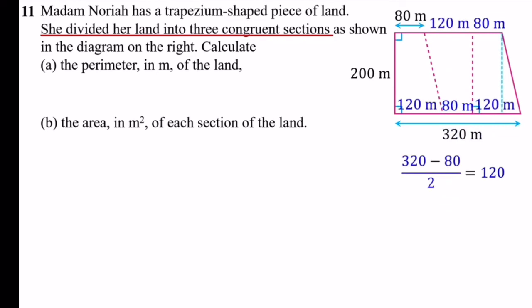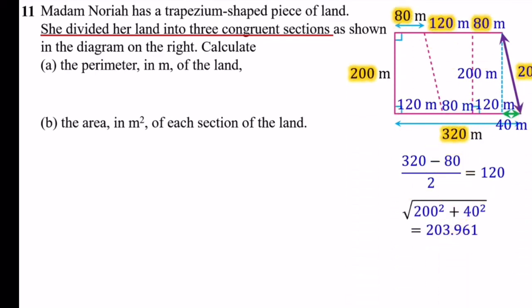Okay, so let's label everything. Congruent means all the sides are the same and all the angles are the same, same shape and same size. So everything is the same, corresponding angles, corresponding sides. So we just find the length of the slanting part. Then we can just add up all the lengths.